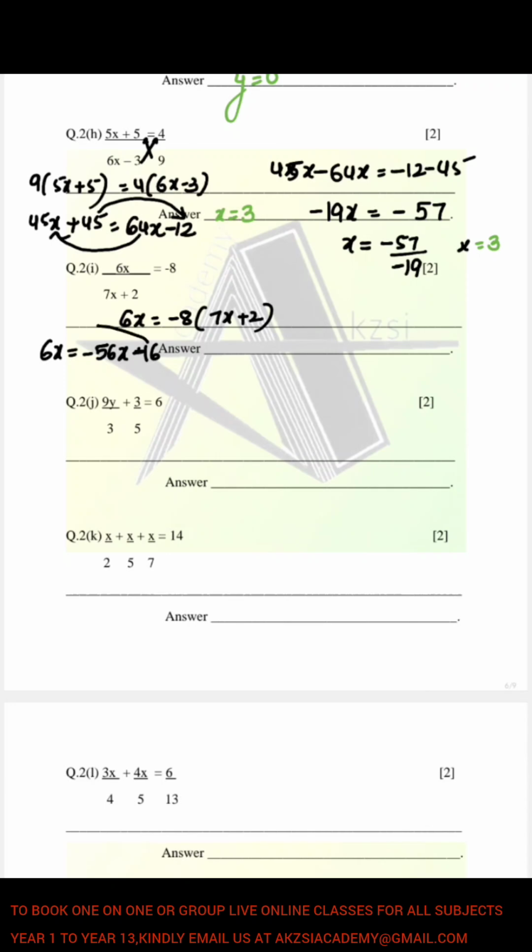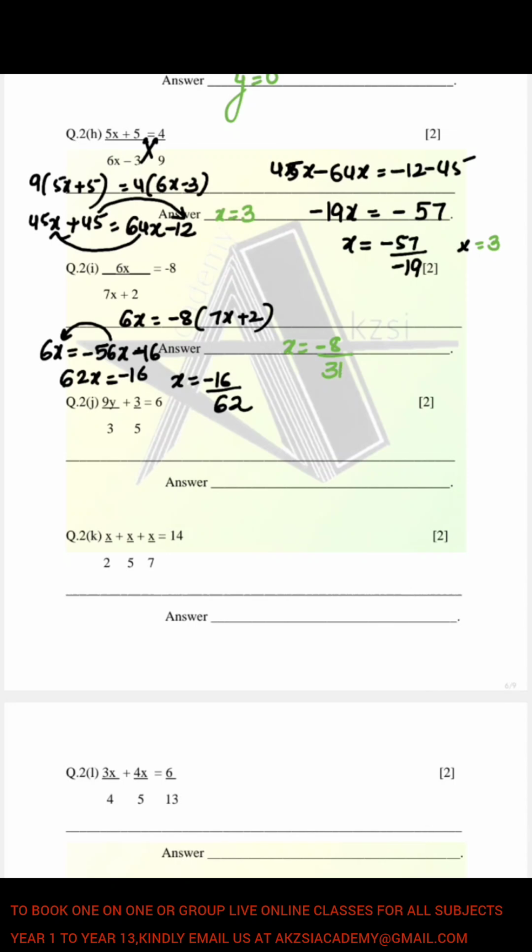Transposing negative 56x onto the right hand side, this will become 62x equals negative 16, and dividing both the sides by 62, it will be negative 16 over 62. On simplifying, or dividing numerator and denominator by 2, I will get x equals negative 8 over 31.